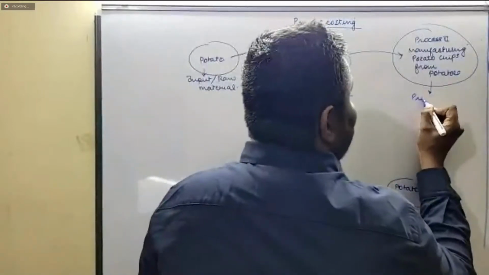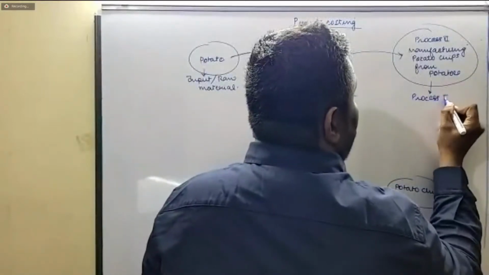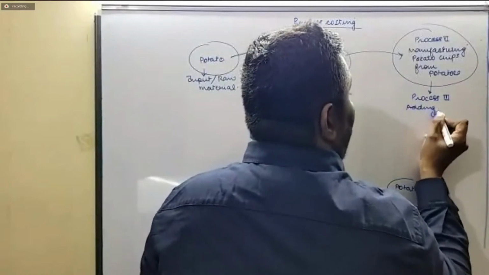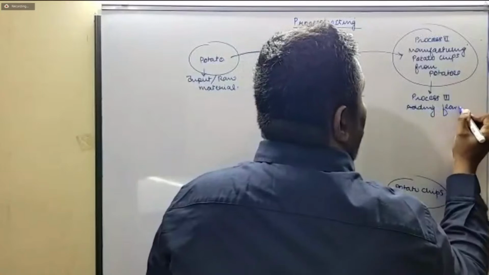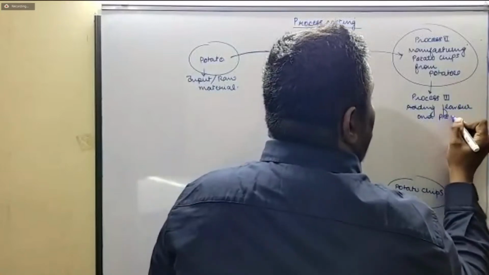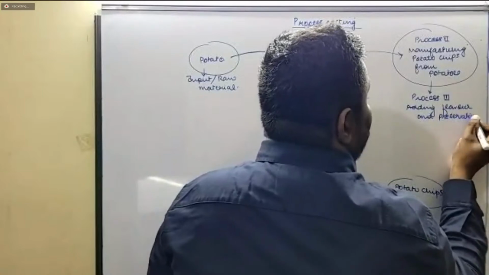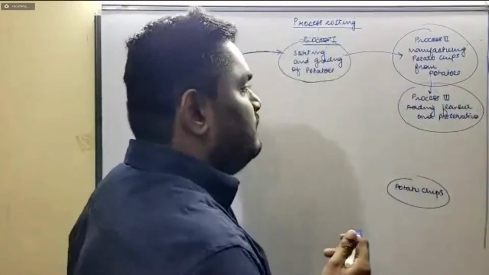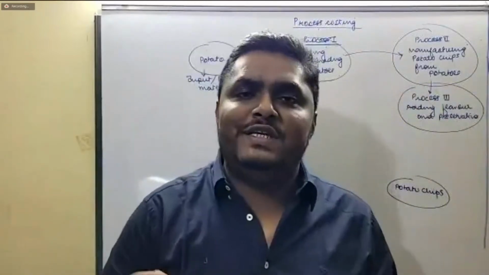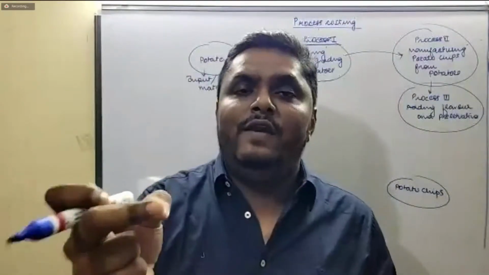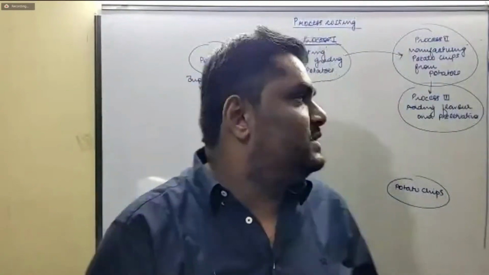So let's say my process third is adding flavor and preservatives. The output of process second, that is potato chips, is transferred to the next process, wherein we add flavors and preservatives.